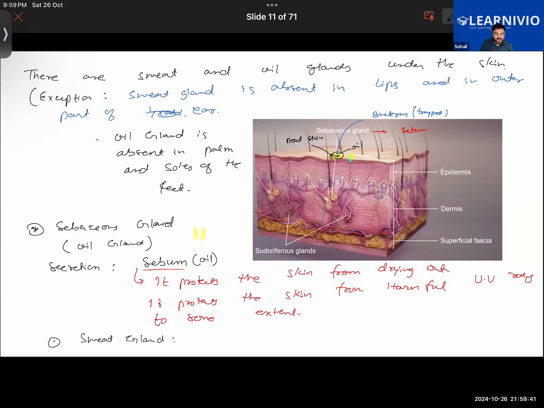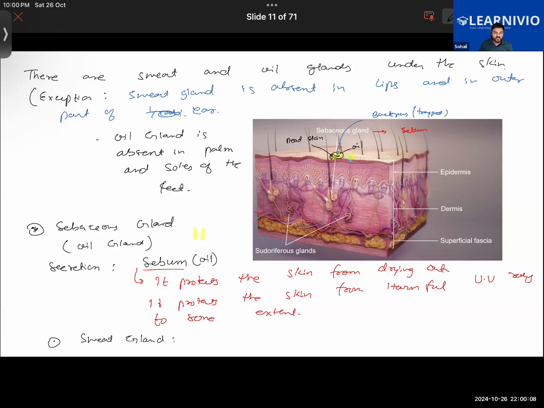Oil that is secreted by the oil gland moistens our skin and protects our skin from drying out. Plus, it also prevents our skin from the harmful ultraviolet rays, to some extent. Getting it? So they have their functions to perform. They are important. But if they are secreted in extra amount, more than required, then it becomes problematic.